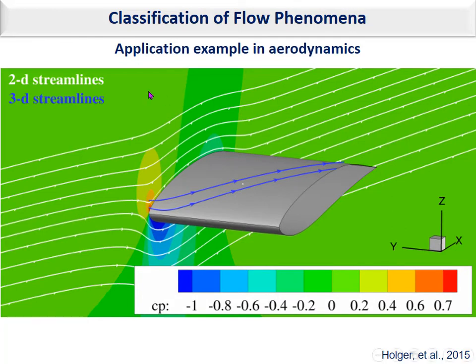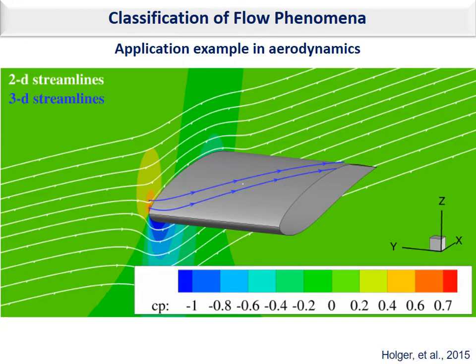Again, I show here an example of aerodynamics. The white streamlines shown here are the results for the two-dimensional flow solution, while the one shown here in blue is the actual flow when you solve the flow in three dimensions.